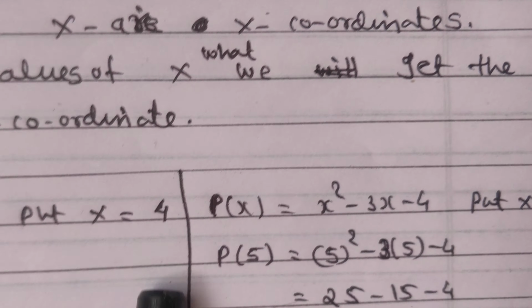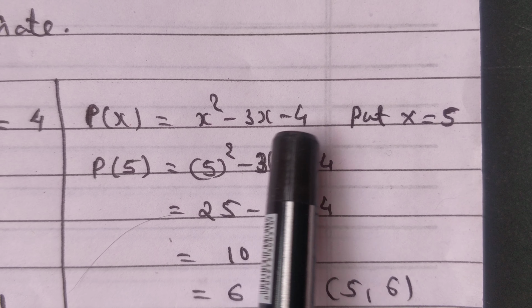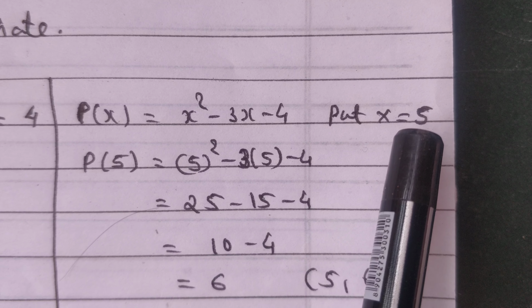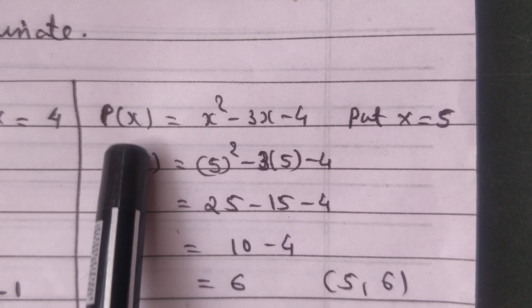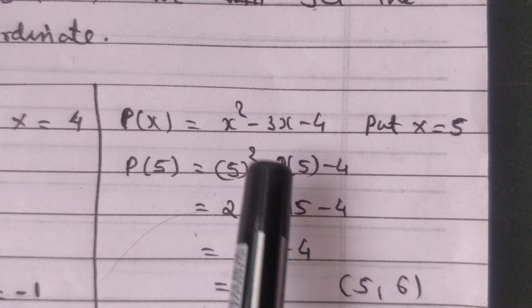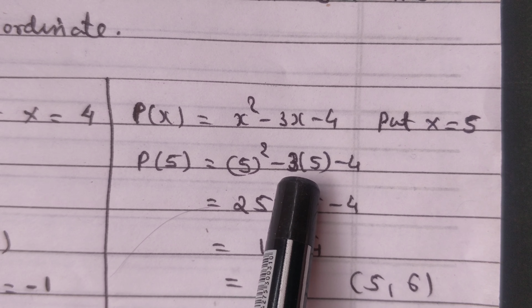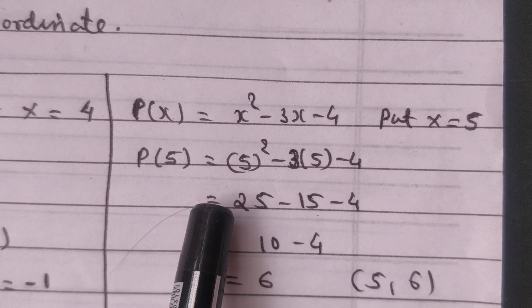Now take some other value. P of x is equal to x square minus 3x minus 4. Now take x is equal to 5. So 5 square minus 3 times the value of x, 5, minus 4.